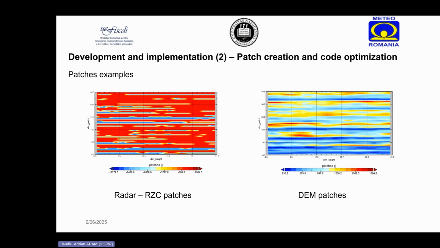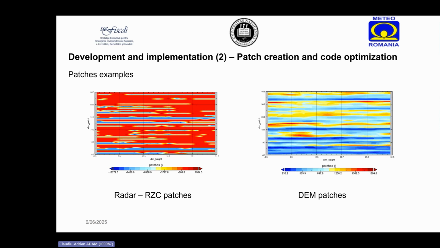Okay, these are some patches that will be fed to the model for the training phase: RZC patches from the radar, and some DEM patches. On the OX axis we have the dimension, and on the OY axis we have the number of patches that were created.